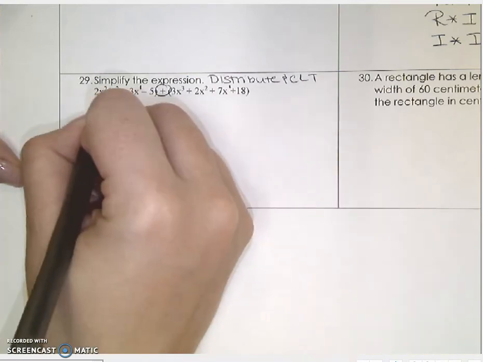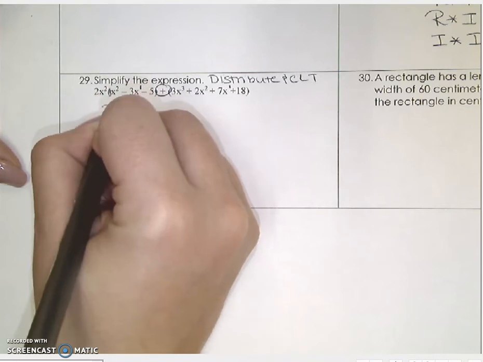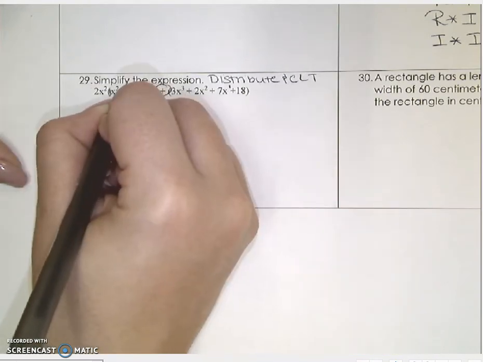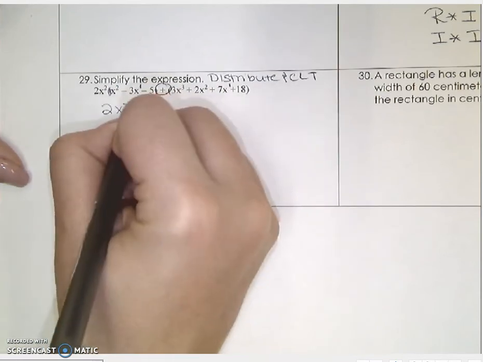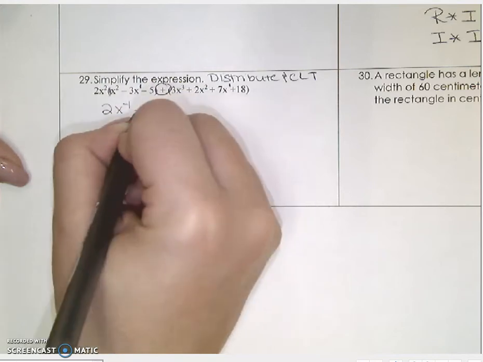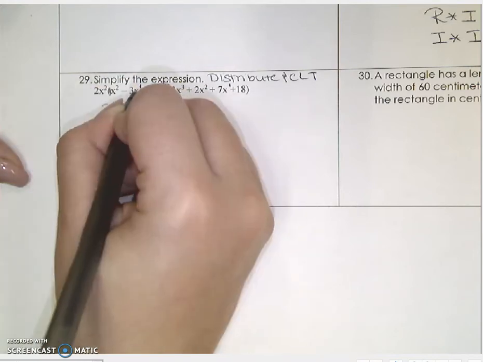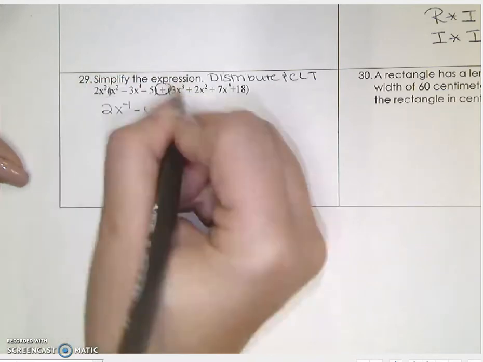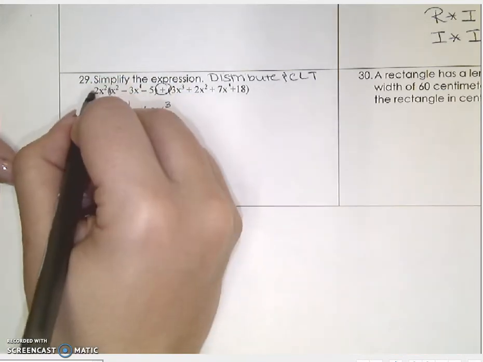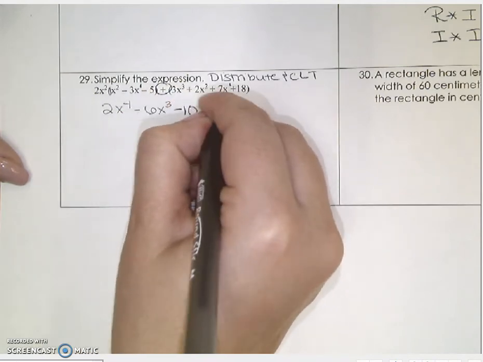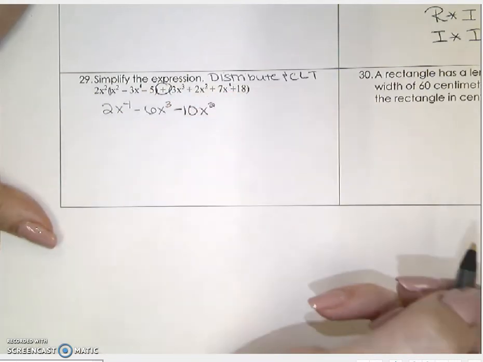So 2 times 1 is 2, x squared times x squared is x to the 4th. 2x squared times negative 3x is negative 6x to the 3rd. 2 times negative 3 is negative 6. X squared times x to the 1st is x to the 3rd, because 2 plus 1 is 3. 2x squared times negative 5 is negative 10x squared.